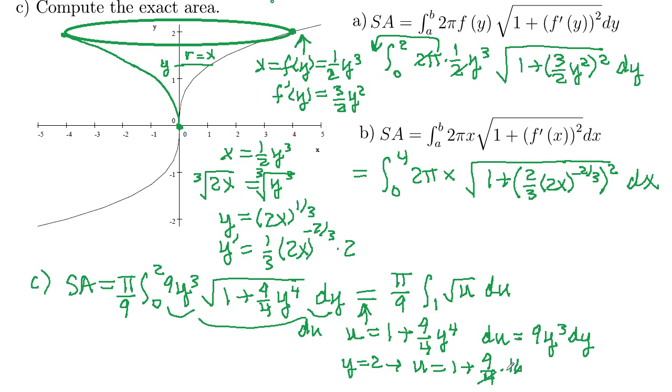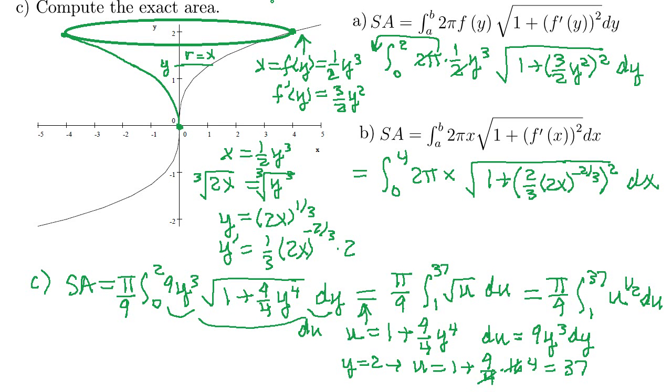So the 4 will cancel into 16 and leave us 4. So 4 times 9, 36 plus 1, 37. And then that square root of u is just u to the 1/2, excuse me. So this will be pi over 9, integral 1 to 37 of u to the 1/2 power du.